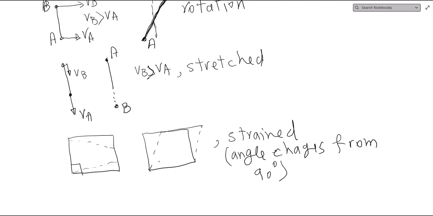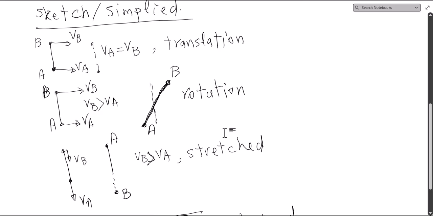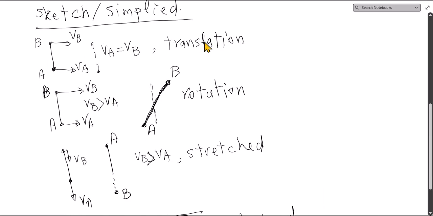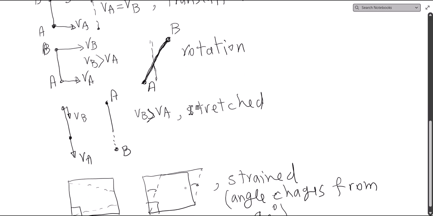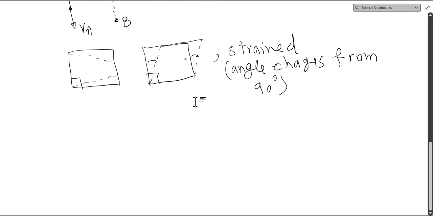By angle, I mean this one. So there are some changes in the angle. Okay, so this is a very rough, simplified sketch of where we are getting into, and the identification of several categories of motion that a material line in the fluid like AB can experience.